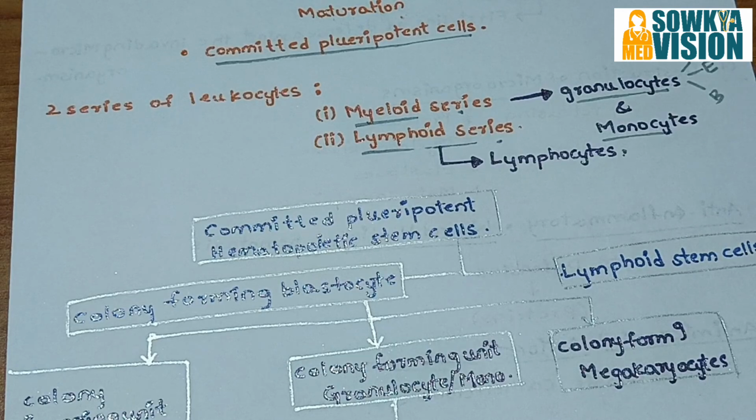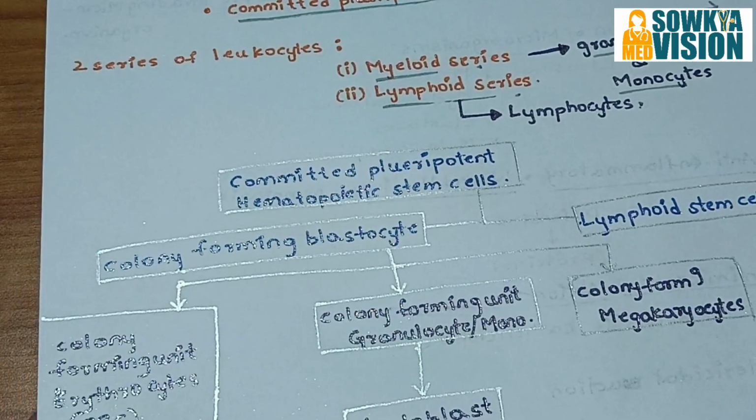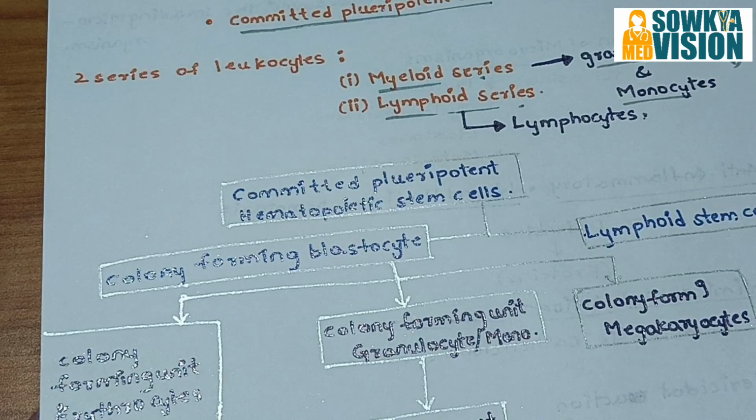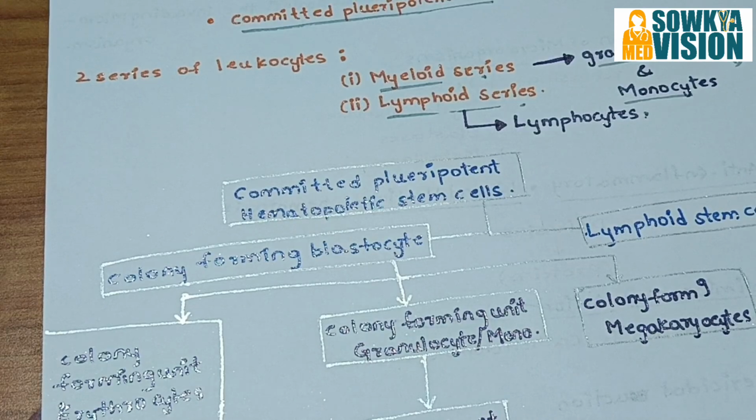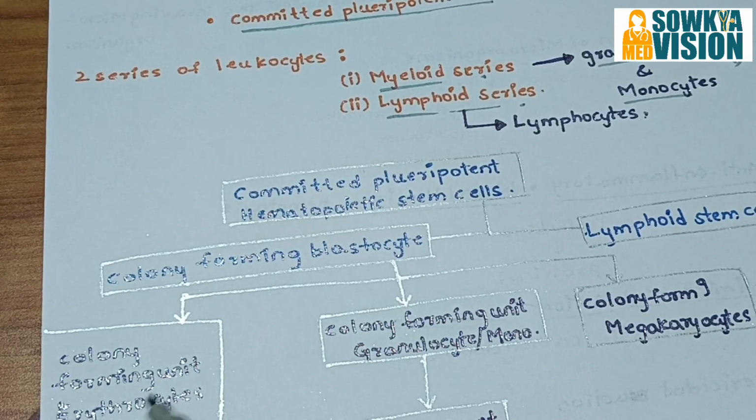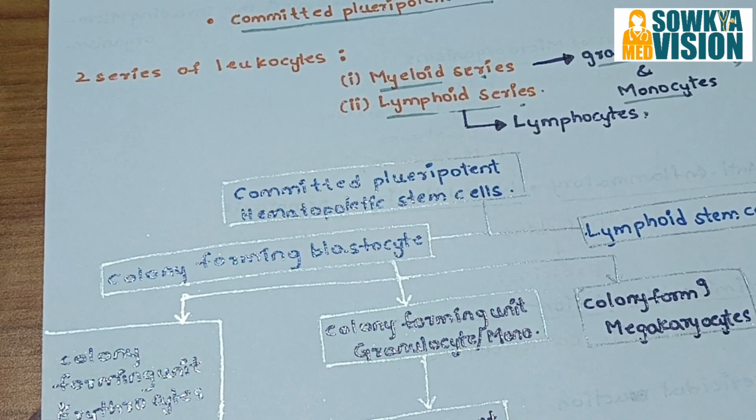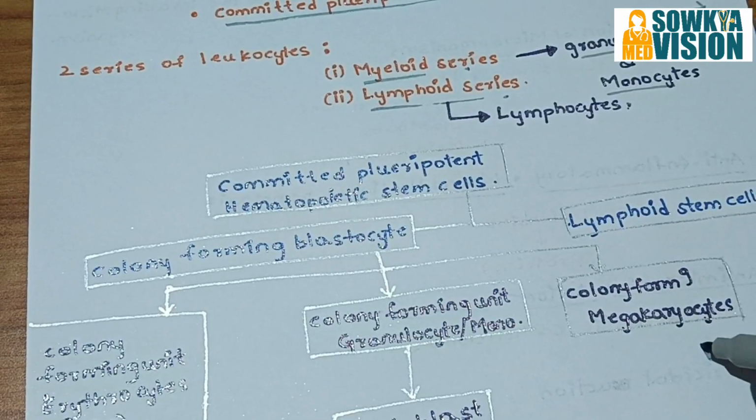Now, the colony forming blastocyte is going to form into colony forming unit of erythrocyte, granulocyte and megakaryocyte: erythrocytes for RBC, granulocytes for WBC, whereas megakaryocytes for platelets.